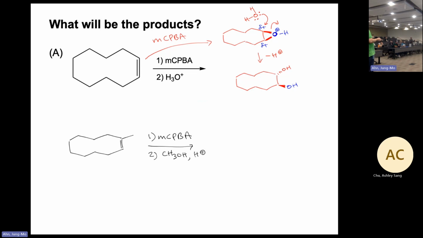I can ask this question a bit differently. Now this one is going to be a level more difficult, right? What you see here, I changed the question by adding one alkyl chain on one of the double bond carbons. Then I have the same MCPBA, but a second step, acidic conditions, not in water but in alcohol.